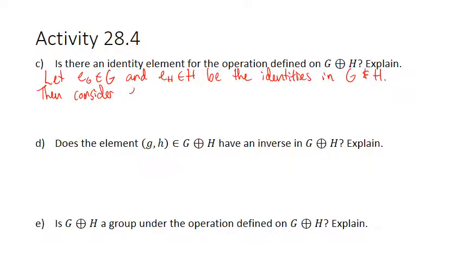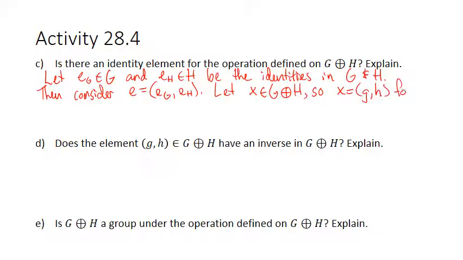I'll just call it E. So it's going to be the ordered pair with e_G and e_H. To show that this is the identity, let's take some element from this external direct product of G and H. So x is (g, h) for g in G and h in H.